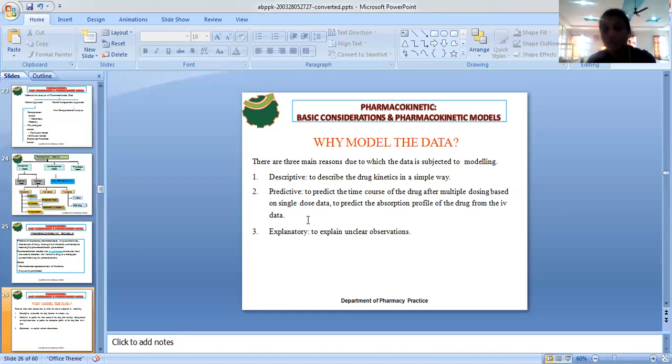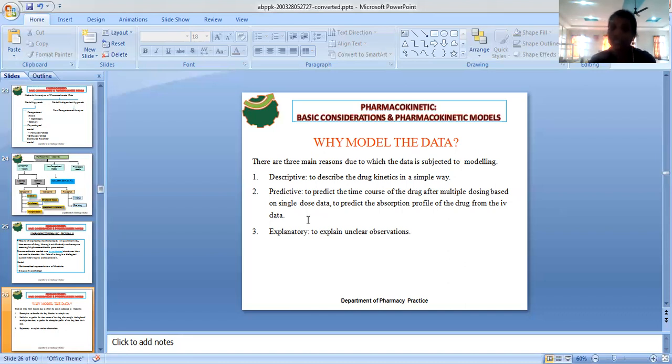But here, in order to predict the absorption profile from the intravenous dose, these pharmacokinetic models will be useful. And they are explanatory too, because sometimes some unclear observations can be seen. Such unclear observations can be easily explained by using these hypothetical models, which are the pharmacokinetic models.